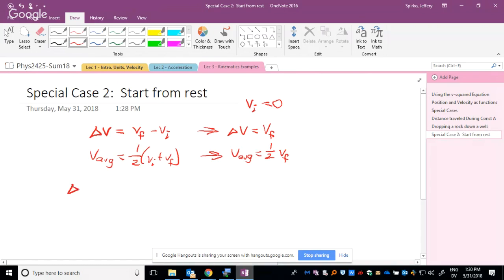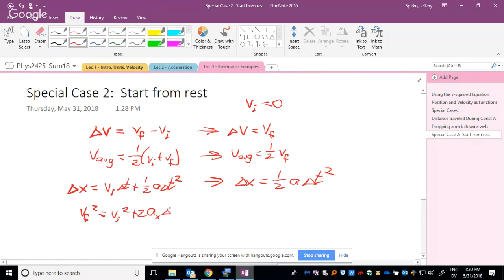It fits into delta x is v initial delta t plus 1/2 a delta t squared, because it becomes delta x is equal to just plain 1/2 a delta t squared. And it even fits into the v final squared equation, because that becomes v final squared is 2a delta x.